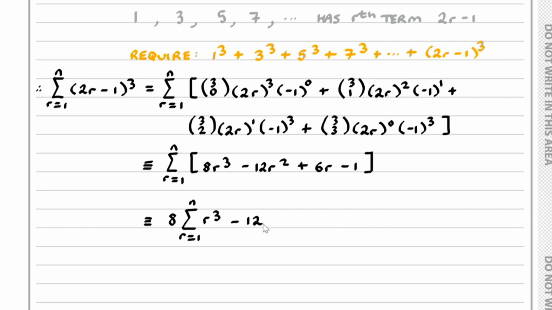Then we've got minus 12 lots of the sum from r equals 1 to r equals n of r squared plus 6 lots of the sum from r equals 1 to r equals n of r minus the sum from r equals 1 to r equals n of 1. And what we need to do is work out all of this.